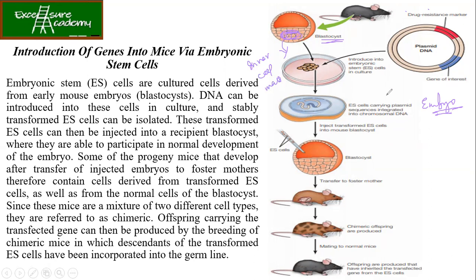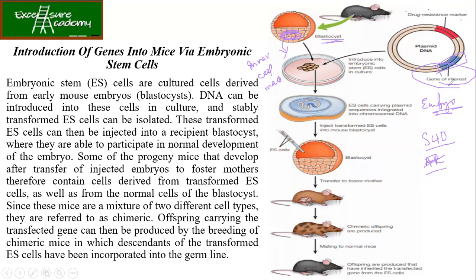Let's say you have a particular gene of interest that is responsible for one particular type of disease. Let's say SCID, severe combined immunodeficiency, in which the adenosine deaminase enzyme is missing. So let's say this gene of interest is that particular enzyme. Now you also need a drug resistance marker, so that you can isolate only the transformed cells.